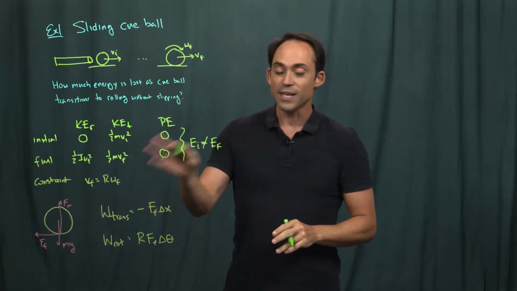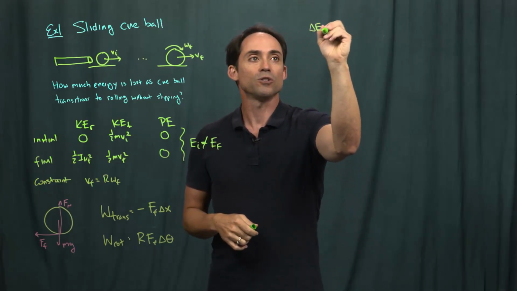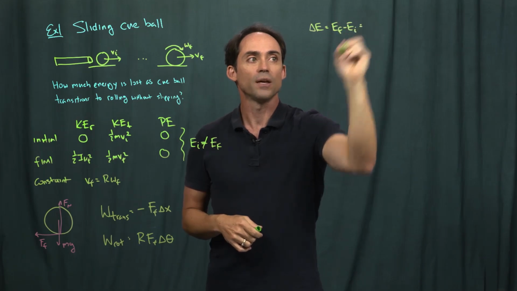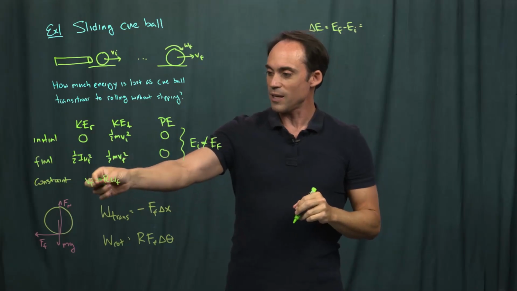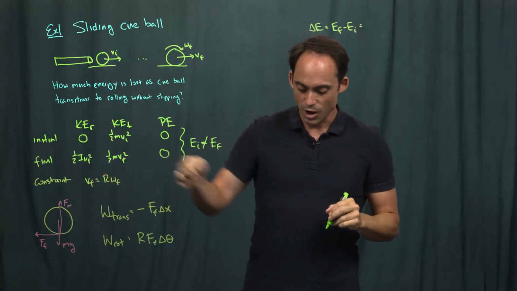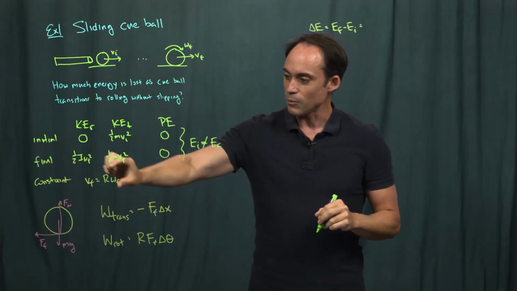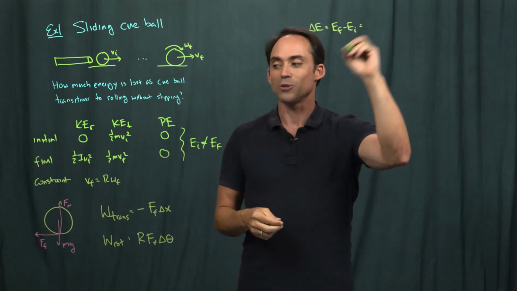All right, so let's calculate then the change in energy, which is just the final energy minus the initial energy. For the final energy, we make the substitution that the final speed is equal to r times the final rotation rate, or in fact what we're going to do is substitute the rotation rate in there. Let's write everything down just to make sure we don't lose it.